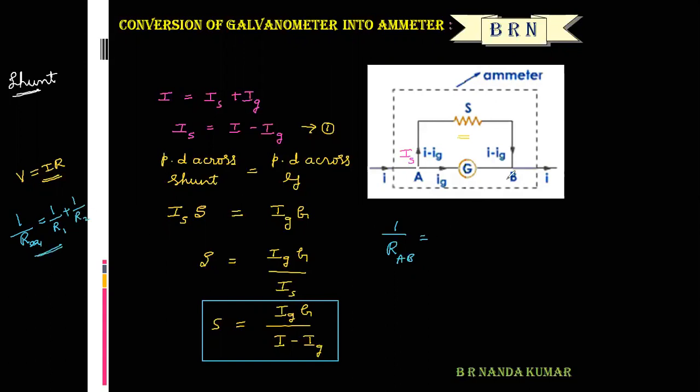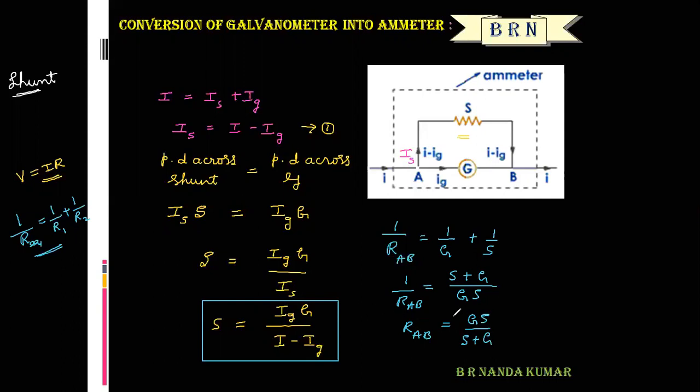So the effective resistance of the ammeter is 1 divided by RAB equals 1 by G plus 1 by S. GS is the LCM, so that is S plus G over GS. So RAB is equal to GS divided by S plus G.